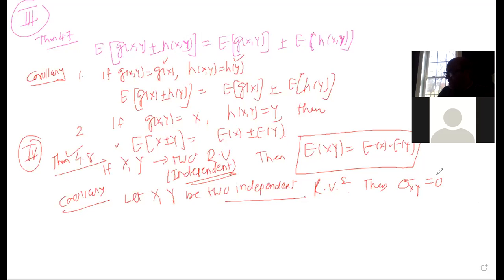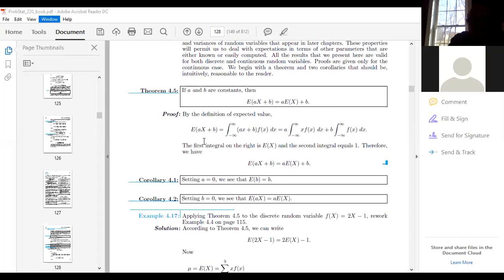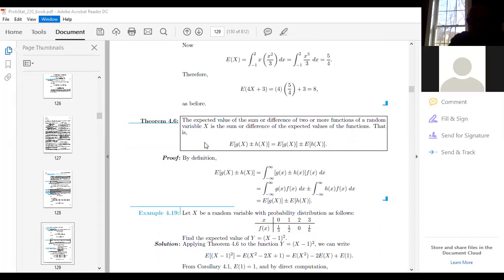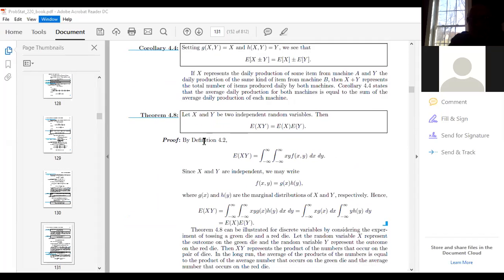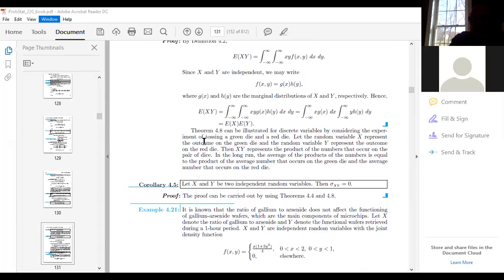Let me go through these two examples first. Let me save this one in a folder, stop sharing, and share my book. Okay, we have done up to here.